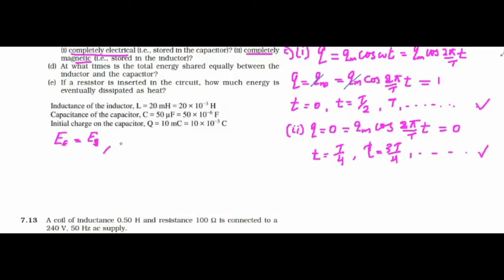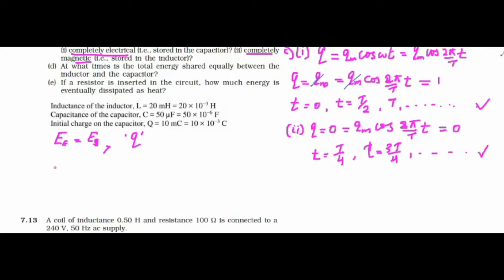At that condition, take the charge in the capacitor as Q. Assume that the charge in the capacitor is Q when the energy is equally shared between inductor and capacitor.